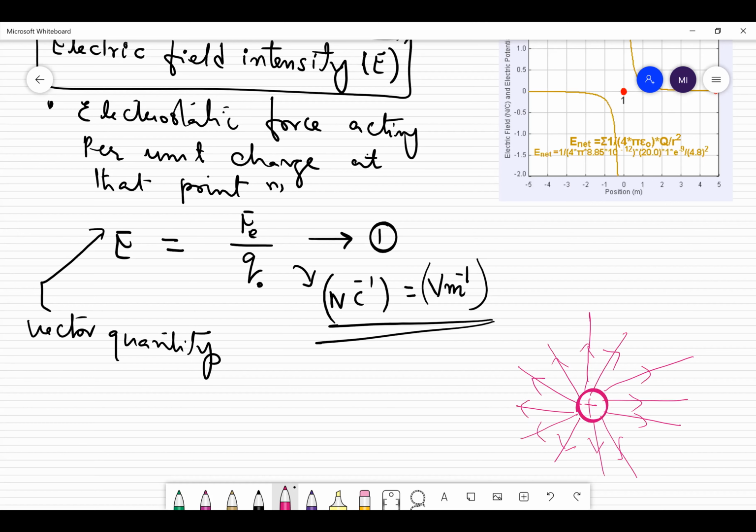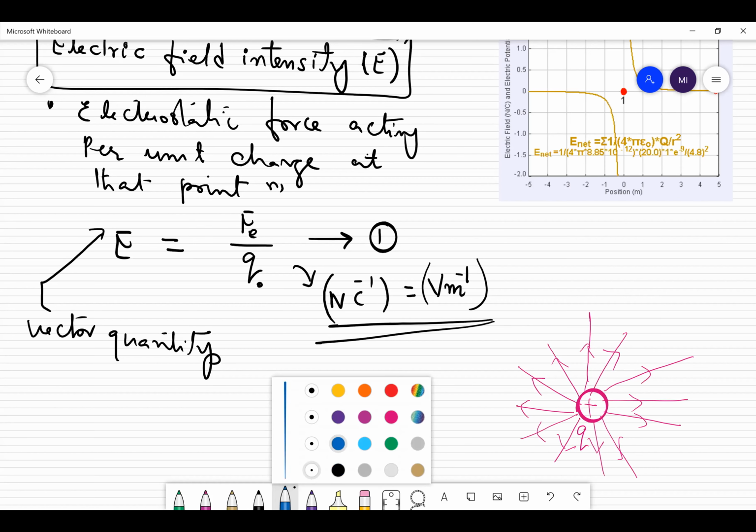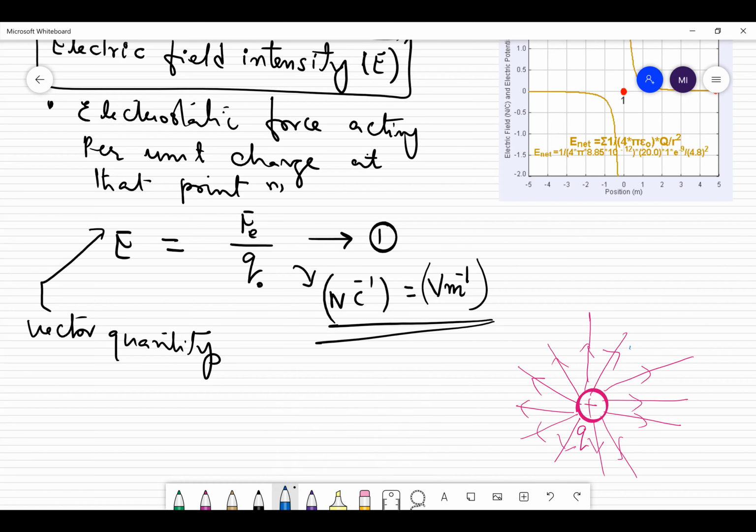This is the source charge Q. Let's say we have another charge Q naught here at a point A. We call this charge a test charge.